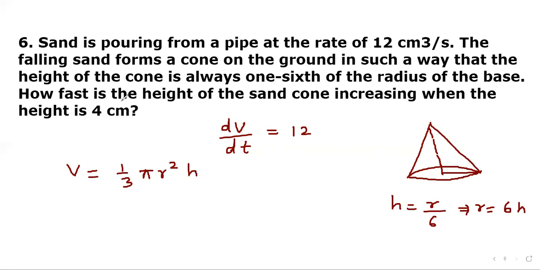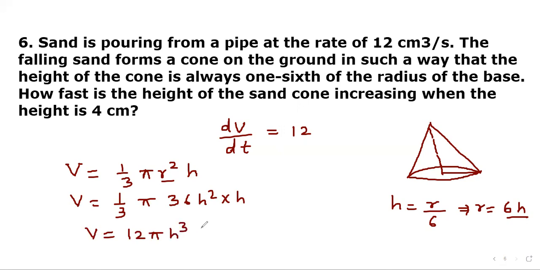Here our question says, how fast is the height of the sand cone increasing? So we have to write volume in terms of height. We can replace R by 6H. So V equal to 1 by 3 pi times 36H square times H. So that is V equal to 12 pi H cube.